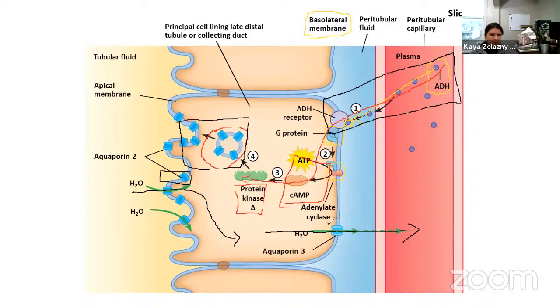So the second part that it was flowing through was that aquaporin III, so that's the one that's always present, right? So water can always basically get from the cell into the blood. It just can't always get from the fluid into the cell. Right? So this is the part that we're toggling on and off with our ADH.